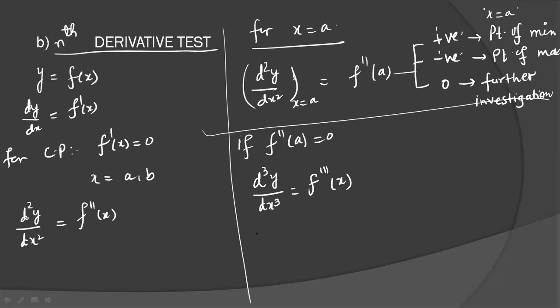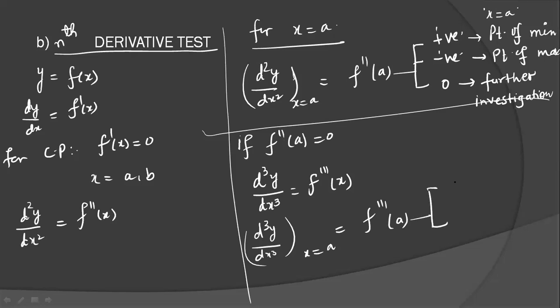Then we check d cube over dx cube at x equal to a. It will give you f triple dash a. If f triple dash a is not equal to 0, there is neither maxima nor minima at x equal to a.